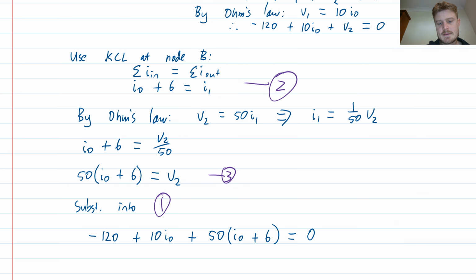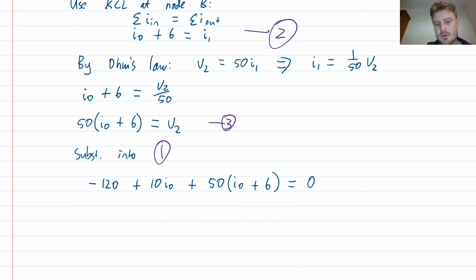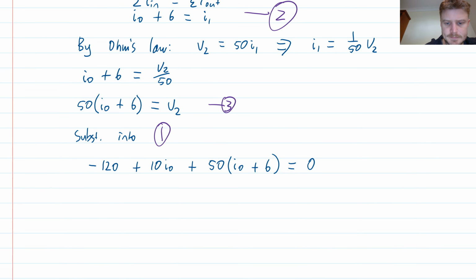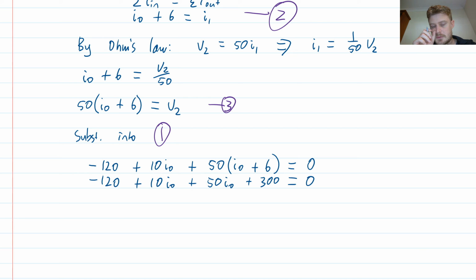Now it's an algebra problem because I have only one unknown. Let's work through this. I will expand the bracket, so that's minus 120 plus 10 I0 plus 50 I0 plus 300 is equal to 0.